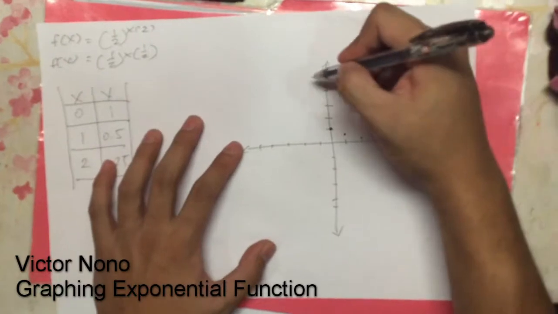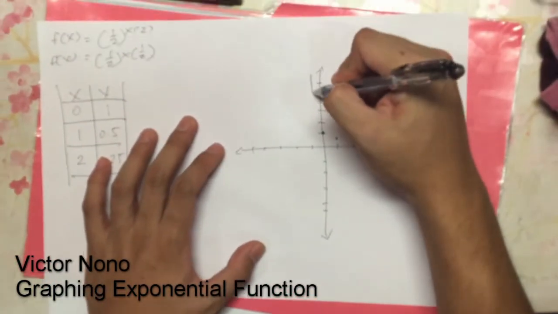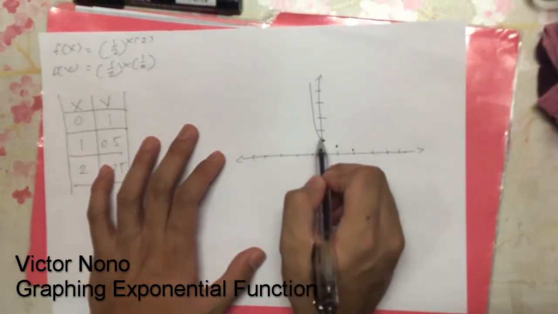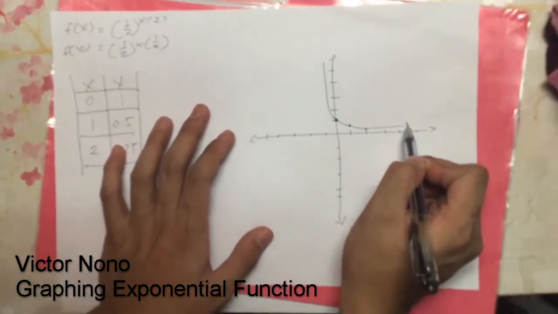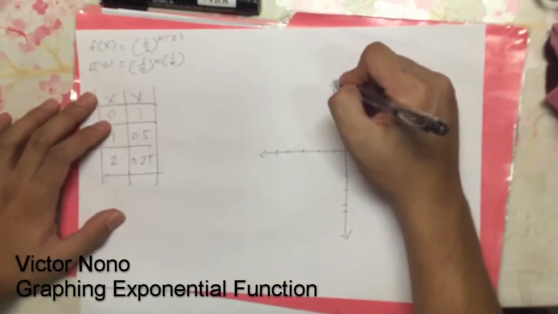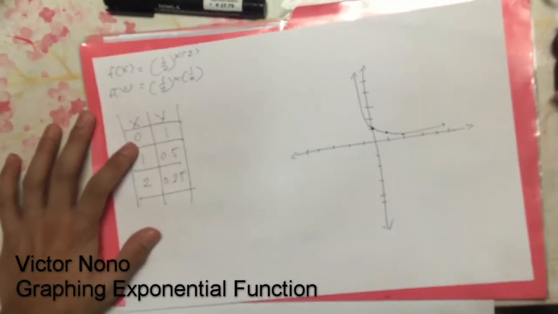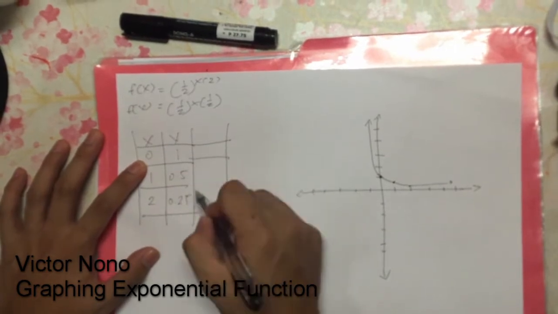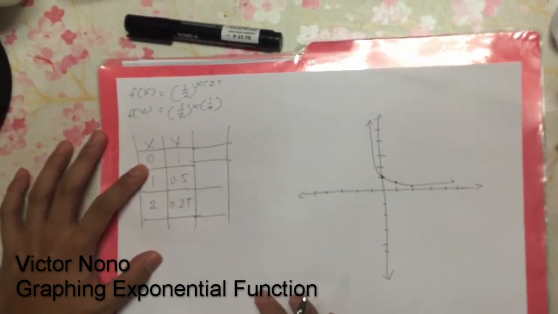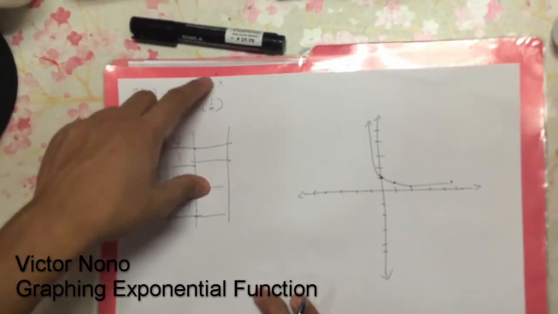So the line will be like this. So we will make a new domain and range. So we will use 1/2 raised to x times 2.